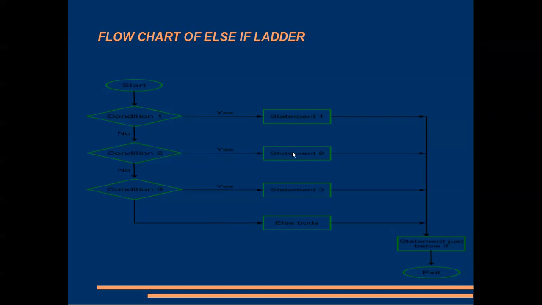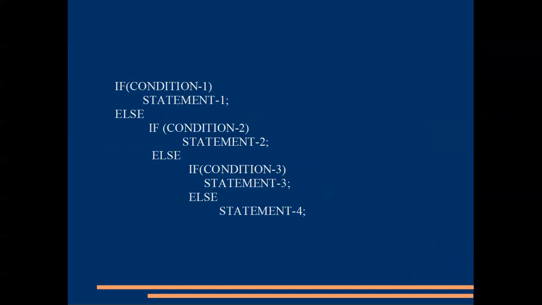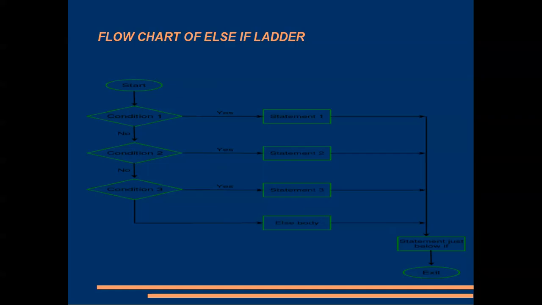If it is true, it goes to statement 2, then goes to exit again. If false, then it goes to condition 3 and checks the condition again. If it is true, then it goes to exit. If not, it goes to the else body, and after that it goes to exit. It means it will stop. Similarly, what was happening here is explained with the help of the flowchart.